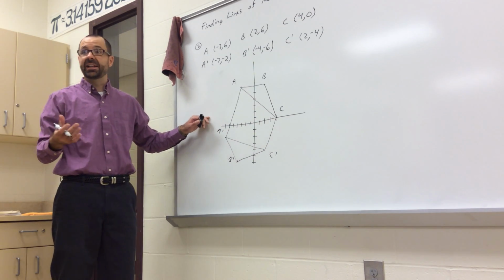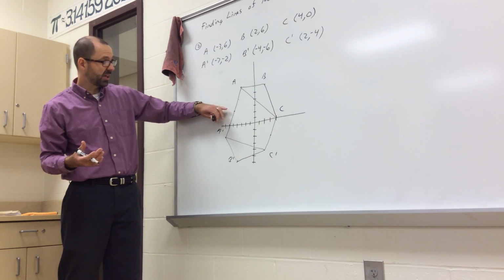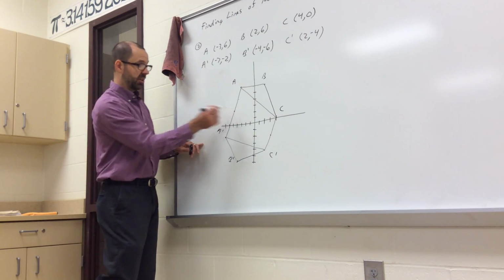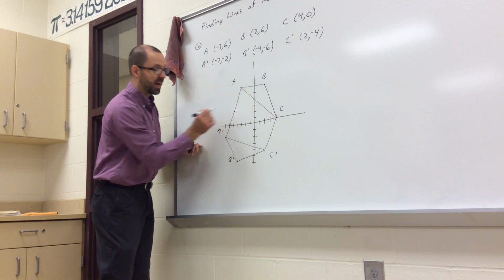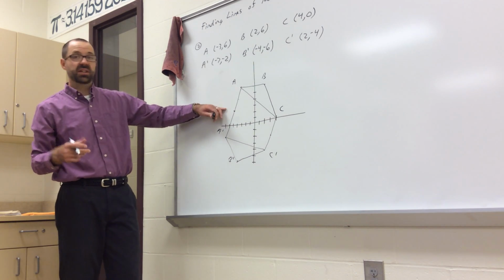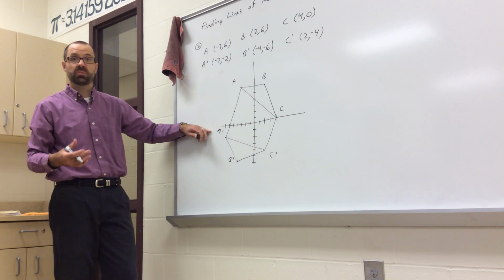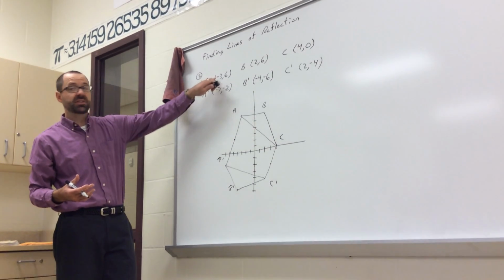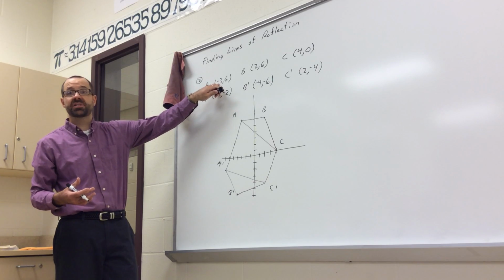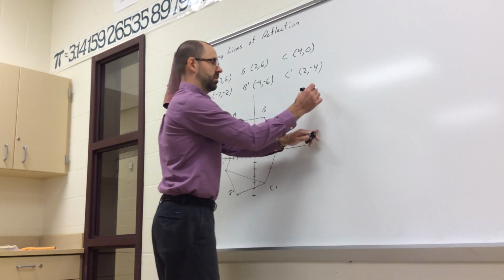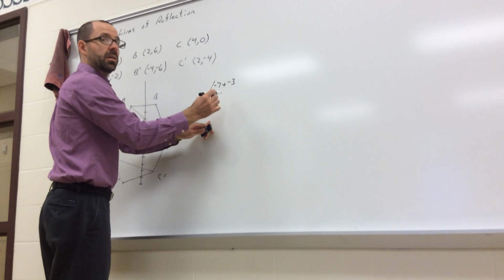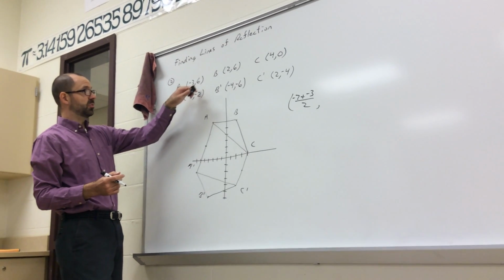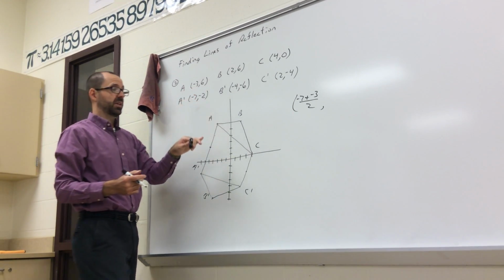Okay, so if I want to find the line of reflection, I need to find the midpoint, first of all, so that'll help me. Okay, so that's eyeballing the midpoint, but let's actually calculate the midpoint between A and A prime. So the way you do that is you add the x's, so -7 plus -3, and then divide by 2, and -2 plus 6 divided by 2.